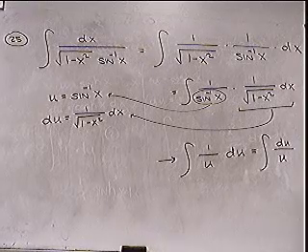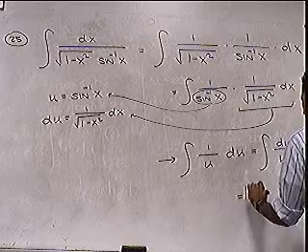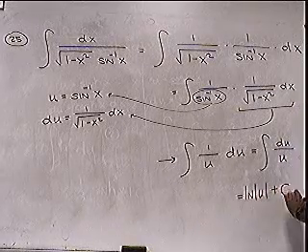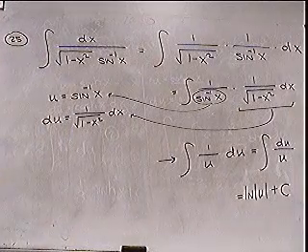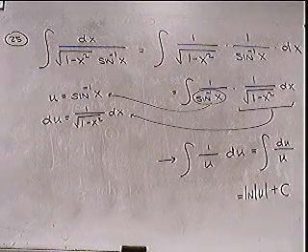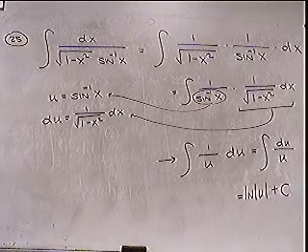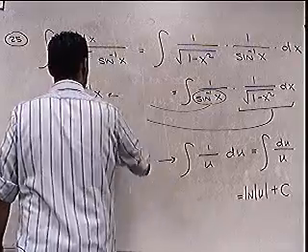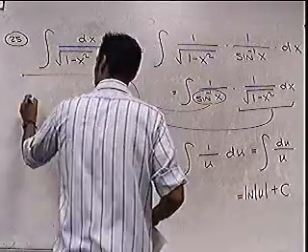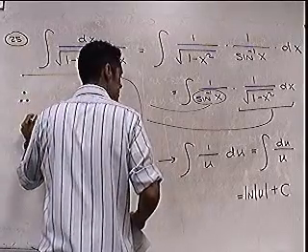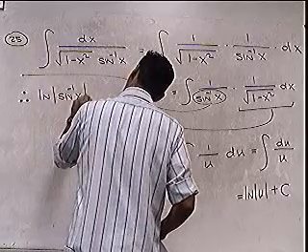Formula 3 tells me it's what? ln u plus c, or actually ln absolute value u plus c. And what's the u in this problem? Arc sine of x. Therefore, the answer is natural log absolute value arc sine of x plus c.